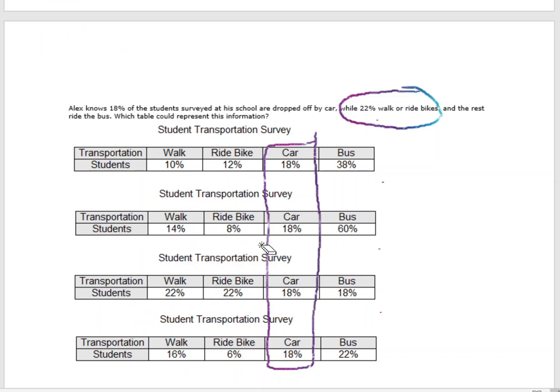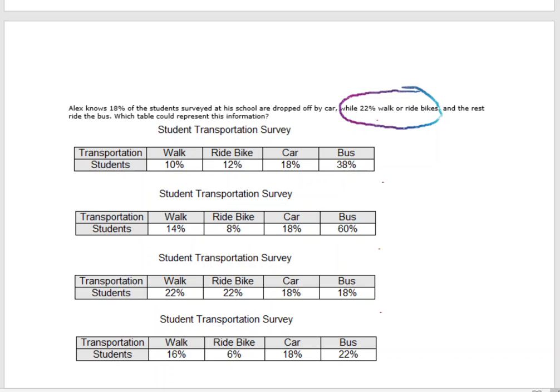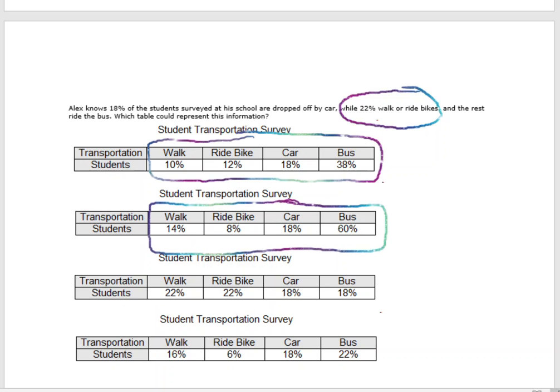So now we have to decide which of those three options is correct. Well, what do we know about percent? Percent has to have a total of how much percent? Like, what is the total when we talk about percent? The total has to be 100.